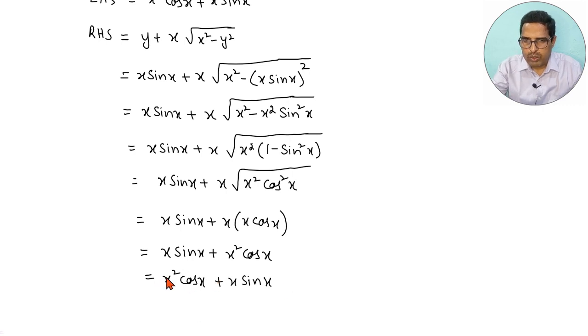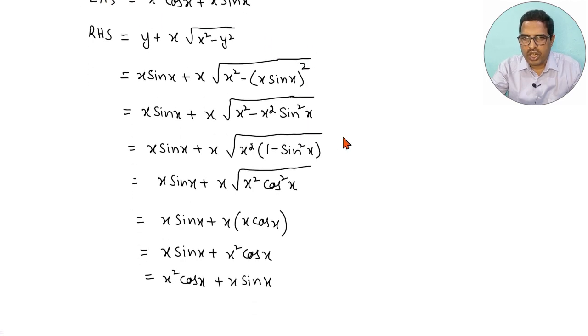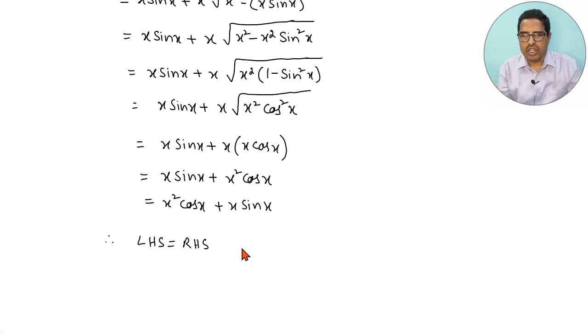Are these two values the same? x square cos of x plus x sine x. So we have got the LHS and RHS to be the same. Comparing the LHS and RHS, we see that LHS is equal to RHS. So that's the required solution.